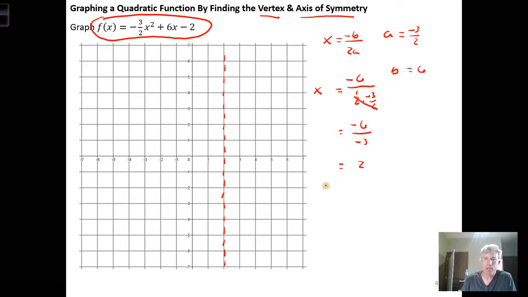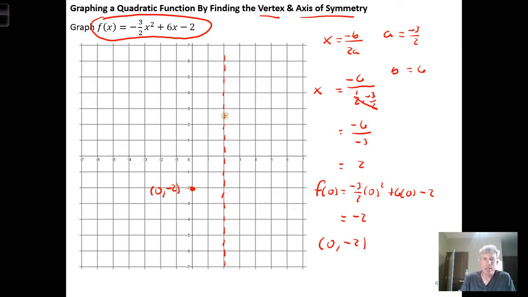So if we plug 0 into our quadratic function, we get negative 3/2 times 0 squared plus 6 times 0 minus 2, which simplifies to just negative 2. So we get the ordered pair: input 0, output negative 2.